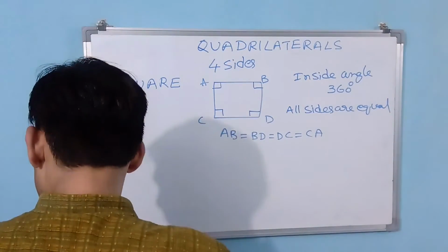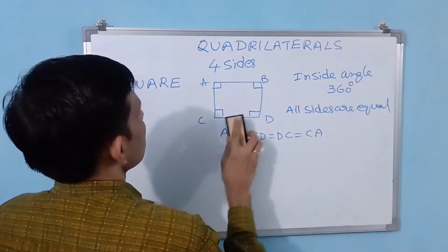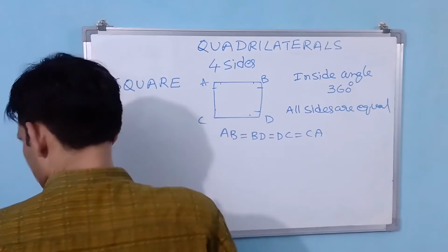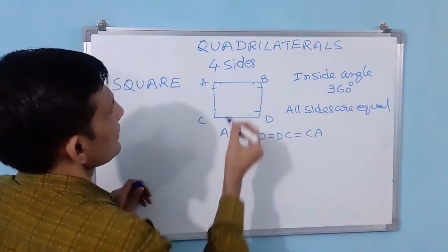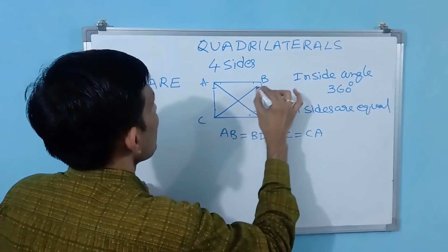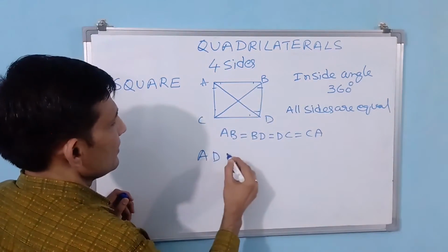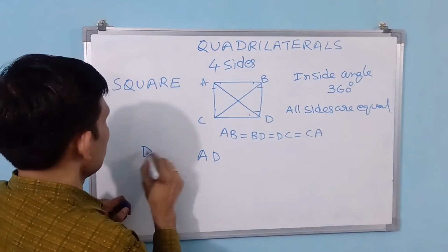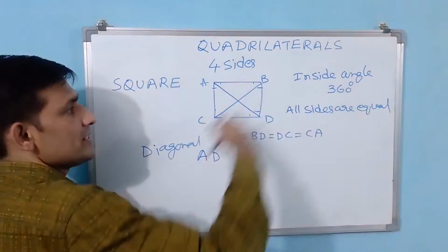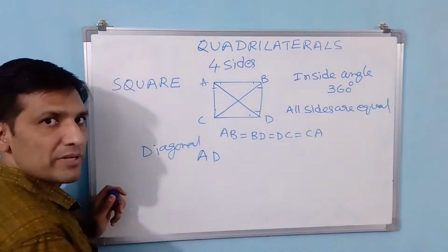And now we see diagonals. These are diagonals. You see here, AD is a diagonal. One corner to another corner, if you draw a line, it becomes a diagonal.